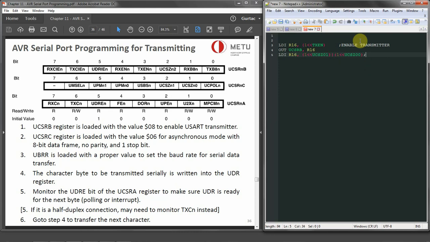So what we are actually setting over here is 8-bit data and no parity and one stop bit.